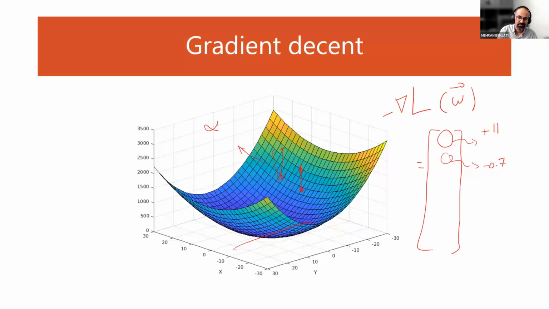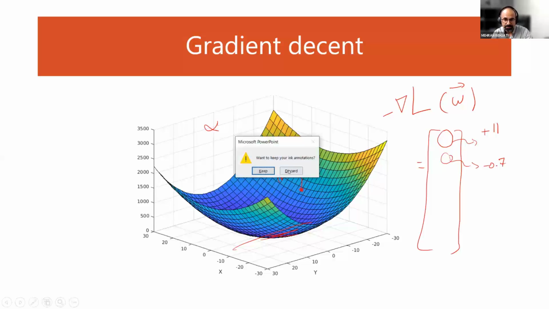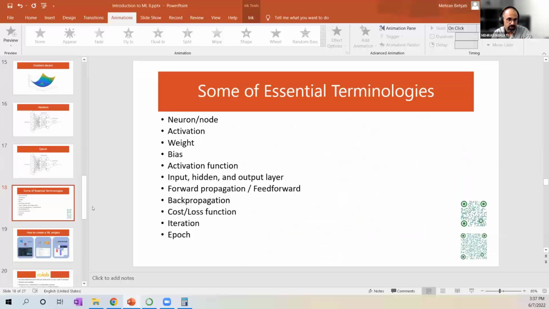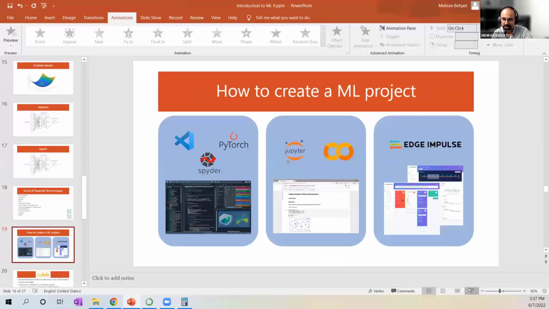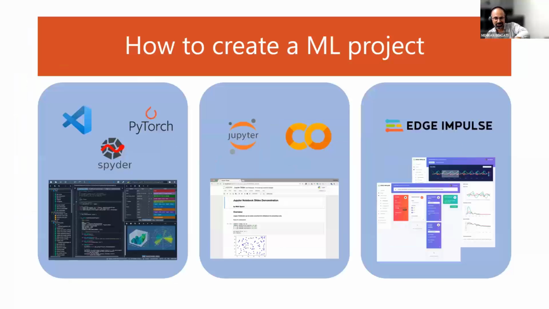But it's advised that for the first iteration it can be a large number, while for the rest we assign a very small step size so that we can reach the global minimum. So that's all about the neural network.